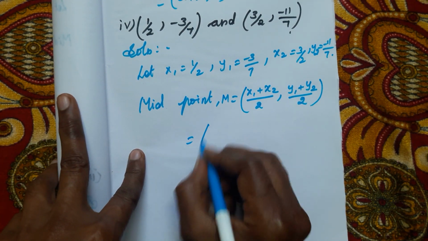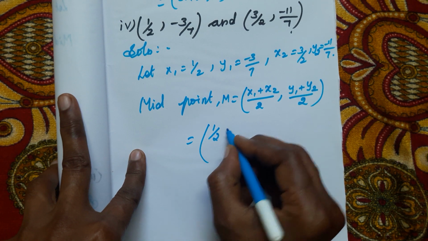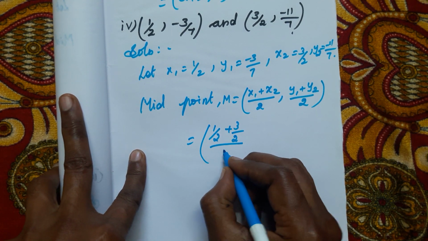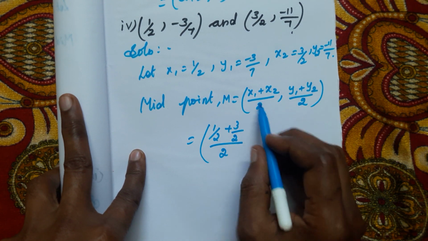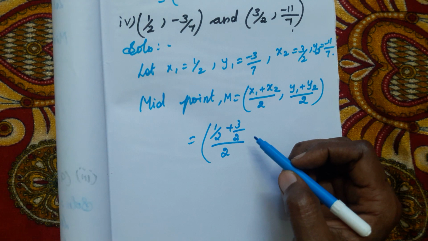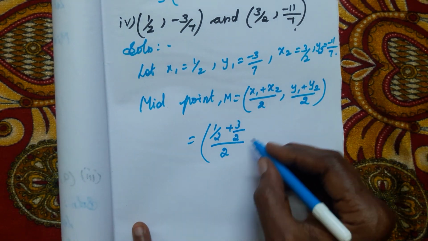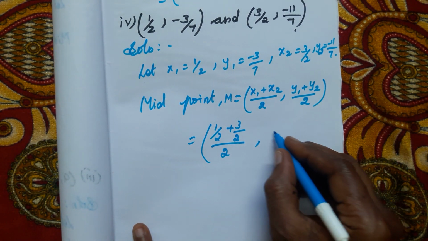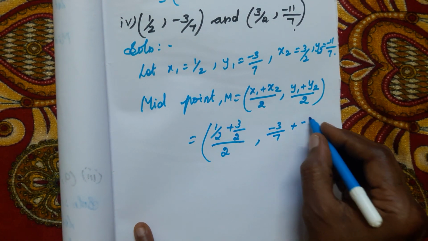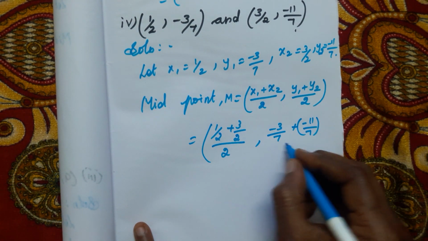Substituting x1 as 1 by 2 and x2 as 3 by 2, all by 2, comma, y1 as minus 3 by 7 plus y2 as minus 11 by 7, all by 2.